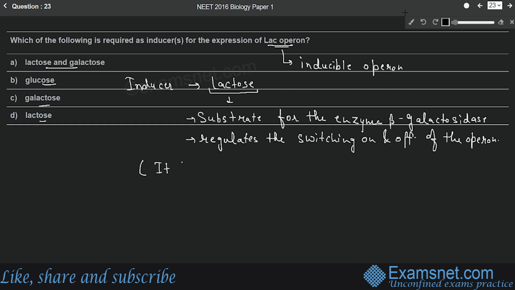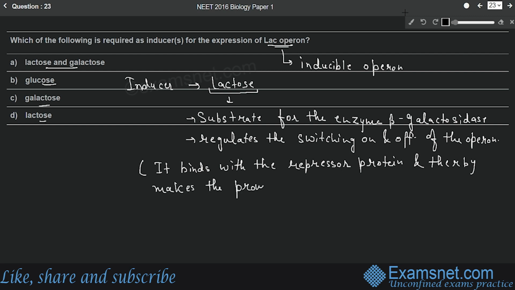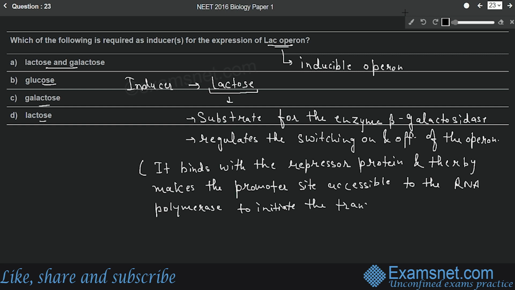It binds with the repressor protein and thereby makes the promoter site accessible to the RNA polymerase to initiate the transcription of lac operon.